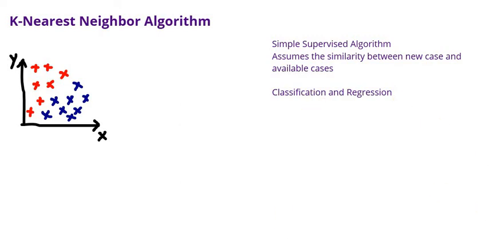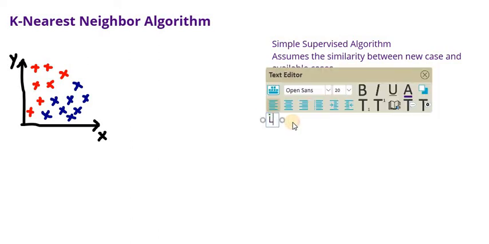And we normally call the k nearest neighbor algorithm a lazy learner algorithm.